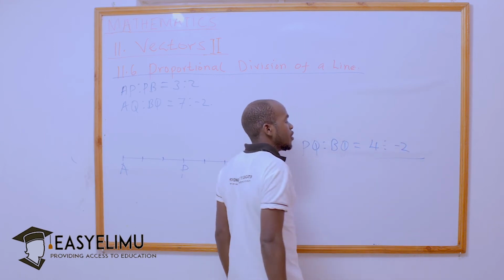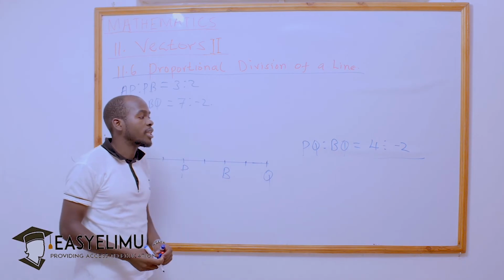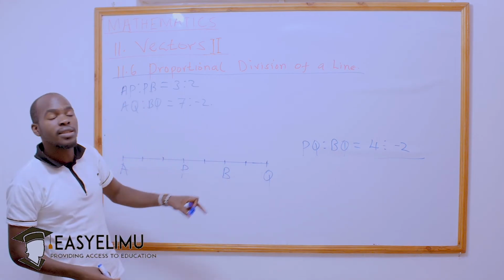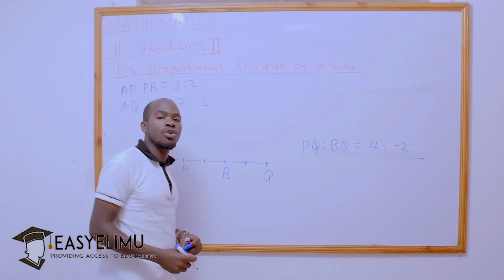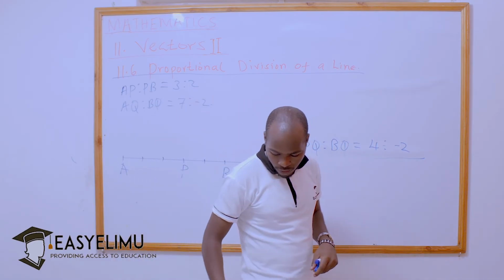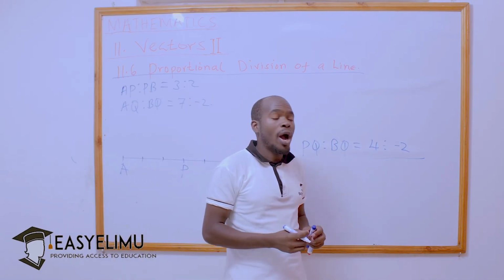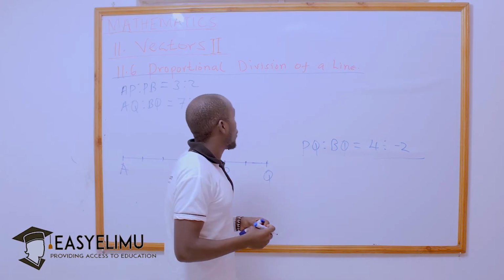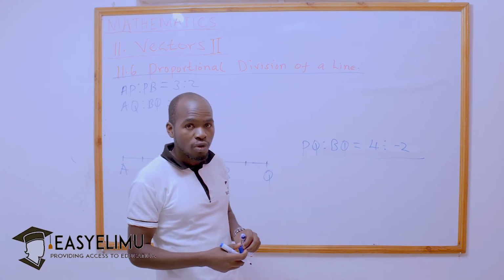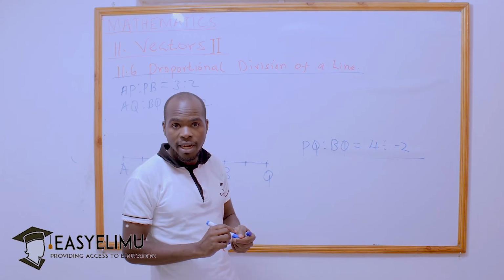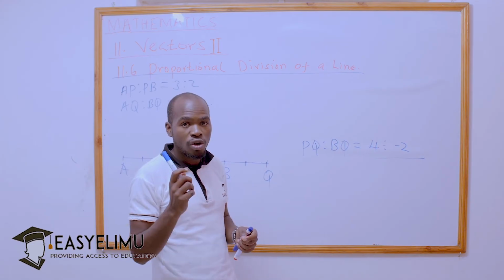That is how you give it. You can give 2 to negative 1, but because we are using this scale interval, it will be 4 to negative 2. With that, we have come to an end of proportional division of a line, and you can use that to divide any given line either externally or internally.